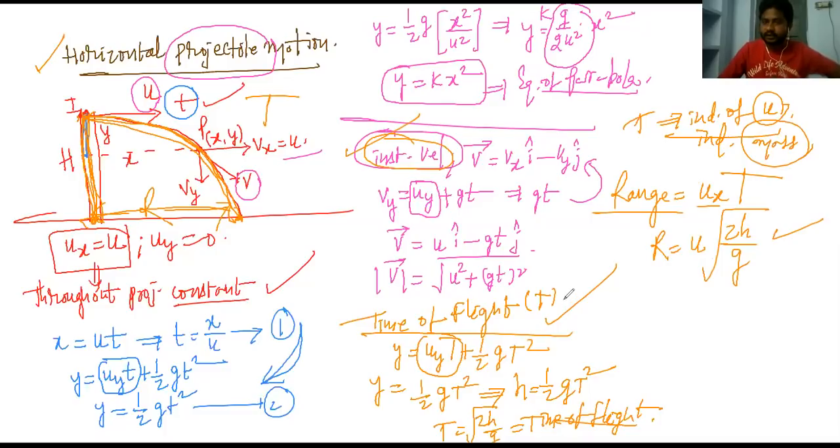All right. Now, horizontal projectile motion basics are done, and we proved that the path of the horizontal projectile motion is also a parabola.